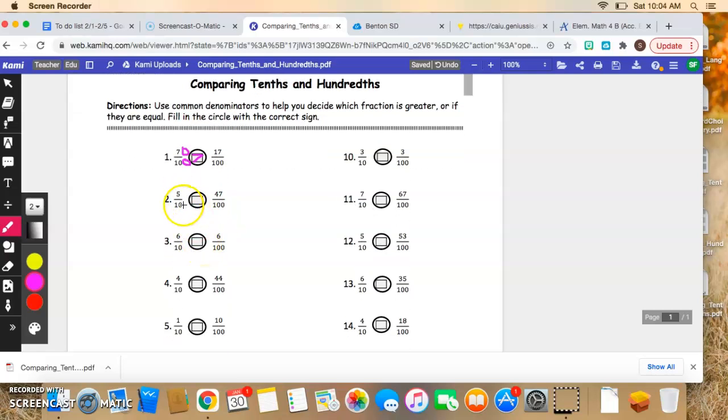So remember, we need to get to 100. Our denominators need to be the same, so we know that 10, so 5/10. Again, I would get an extra piece of paper so you can write it out, because this is kind of tricky to do. And then we know we have to do it 10 over 10.